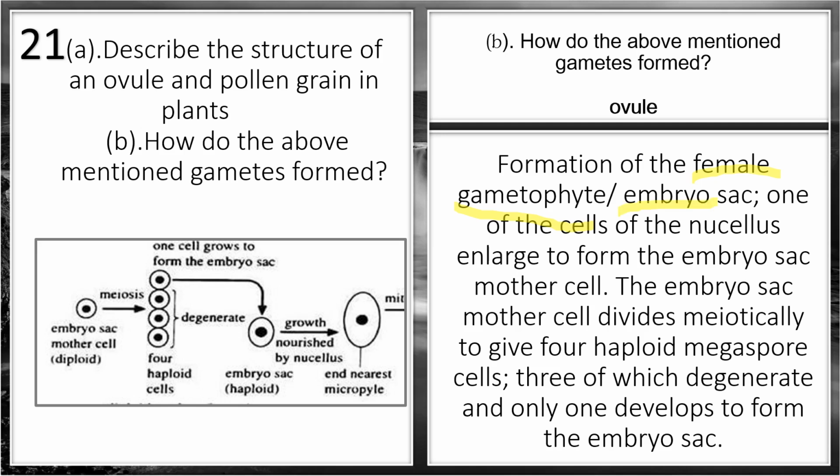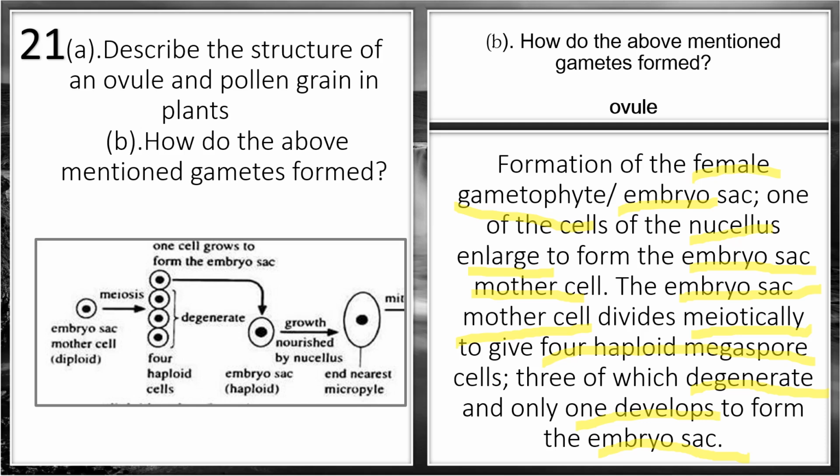One of the cells of the nucellus enlarges to form the embryo sac mother cell. The embryo sac mother cell divides mitotically to give 4 haploid megaspore cells, 3 of which degenerate, and only 1 develops to form the embryo sac.